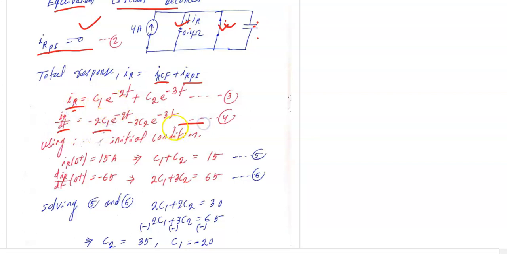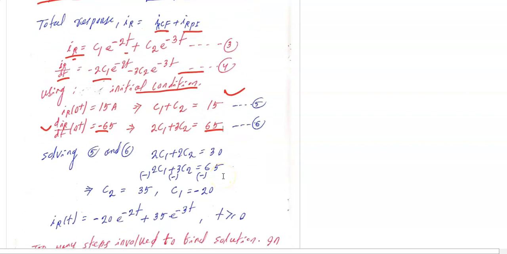Using the initial conditions I found previously, iR(0+) = 15 ampere, so C1 + C2 = 15. We have also found before that diR/dt at 0+ is -65, so the minus cancels: 2C1 + 3C2 = 65.